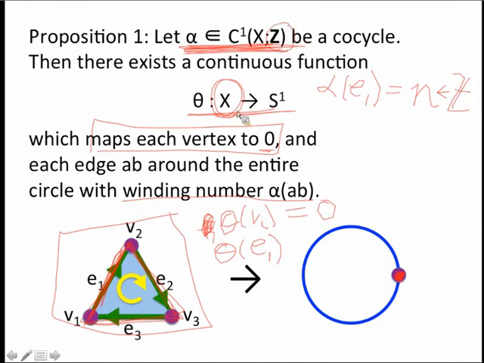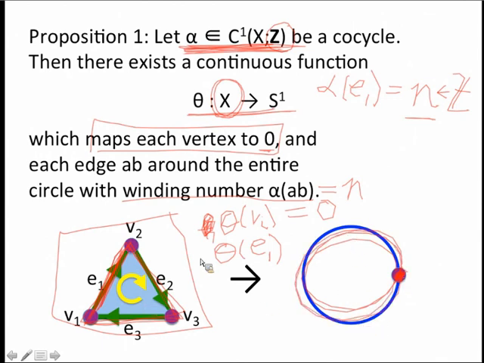I want to send this edge to winding number alpha of AB, so I want the winding number to be n. In other words, I'm going to make this edge wrap around the circle n times.